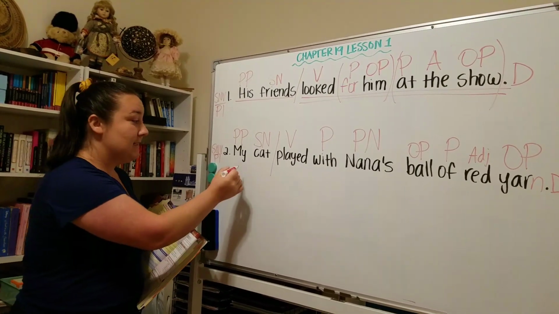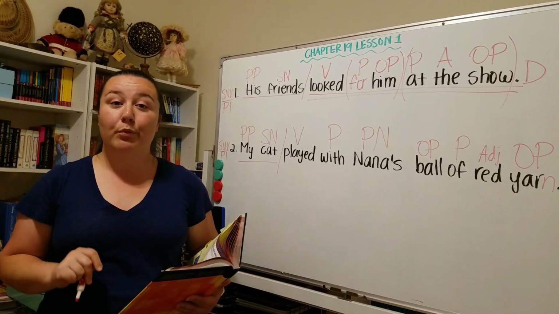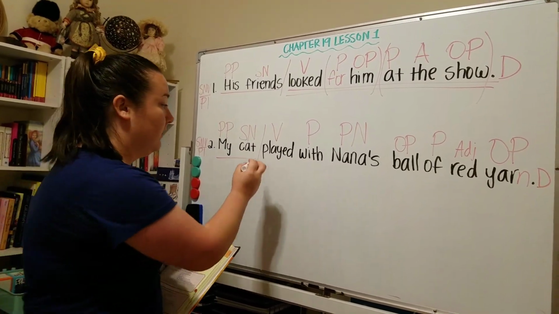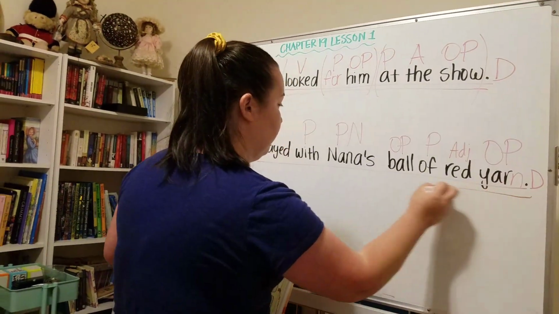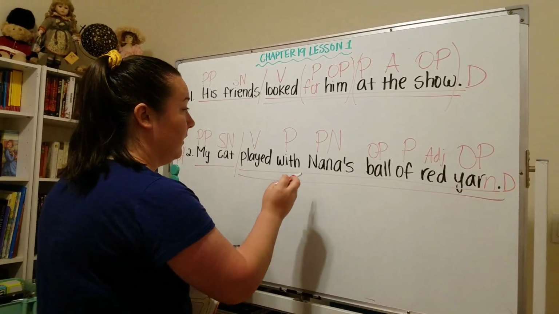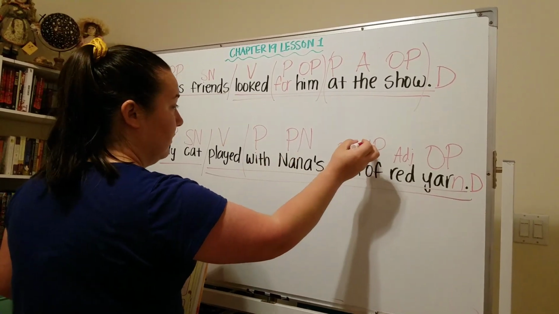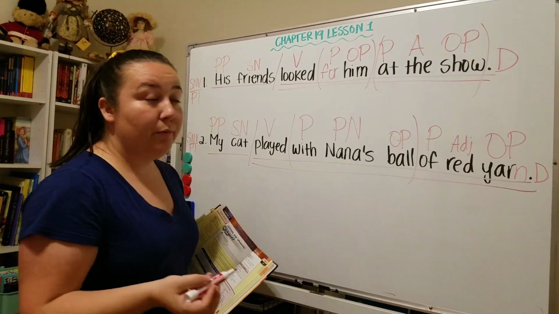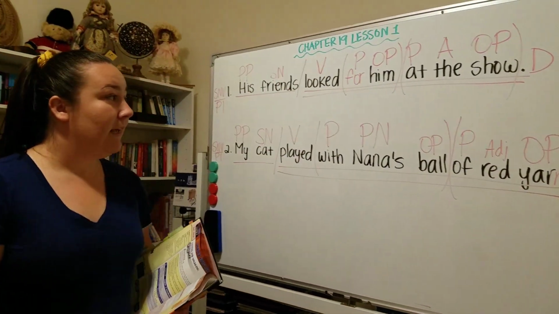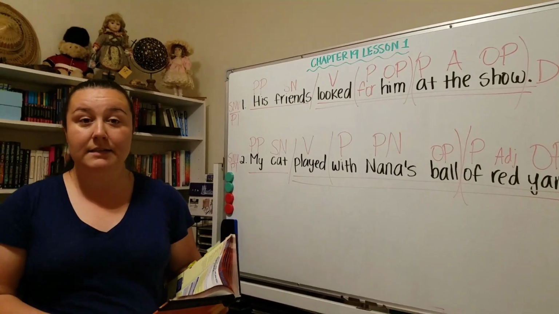My cat. What do I underline twice for complete predicate? Played with Nana's ball of red yarn. Prepositional phrases: with Nana's ball, and of red yarn. And that's our second classified sentence.